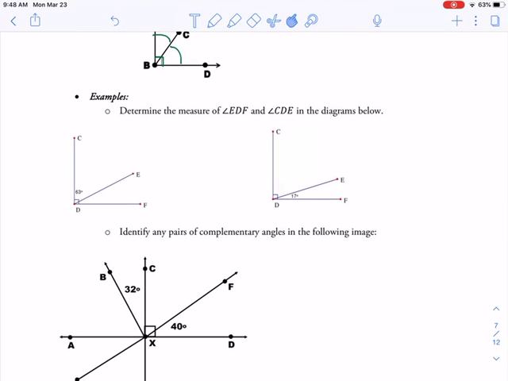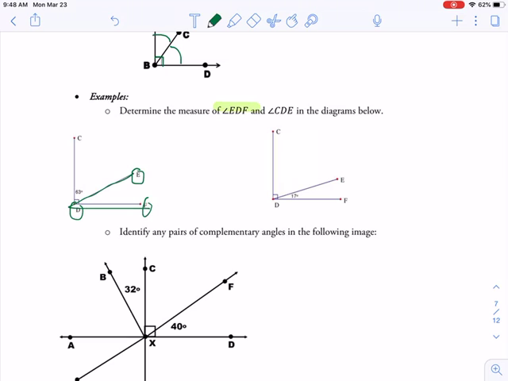All right. Now, a quick note about notation, about these two labels, okay? When you have something like EDF, what that means is you can find on the diagram E, and then D, and then F, right? And whatever line that traces, that's the angle we're looking at. You might remember that from last year, you might not.